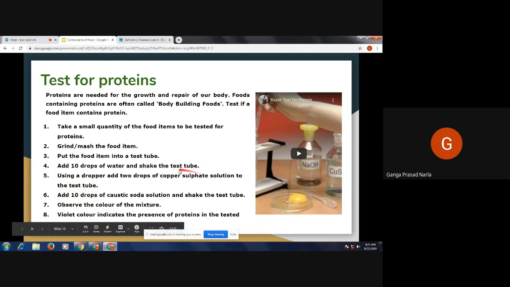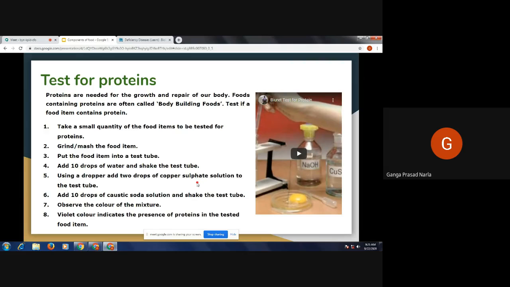These are the two chemicals we need to test for proteins. The chemical formula of copper sulfate is CuSO4, and caustic soda is NaOH. If you observe the image, you will understand.